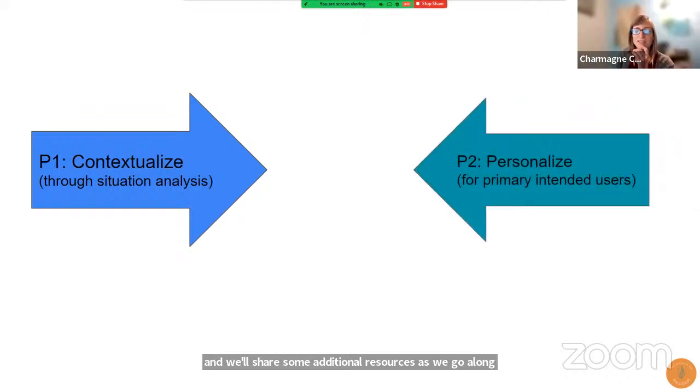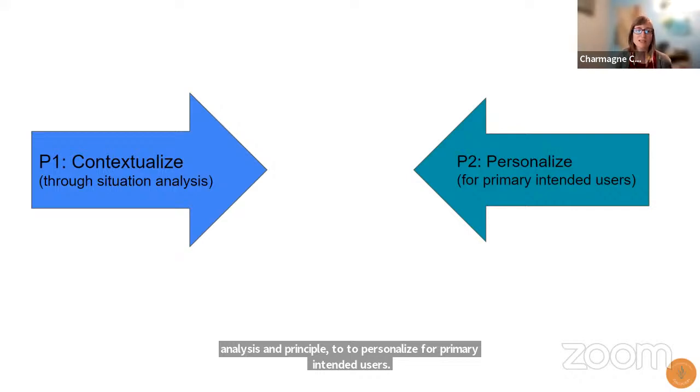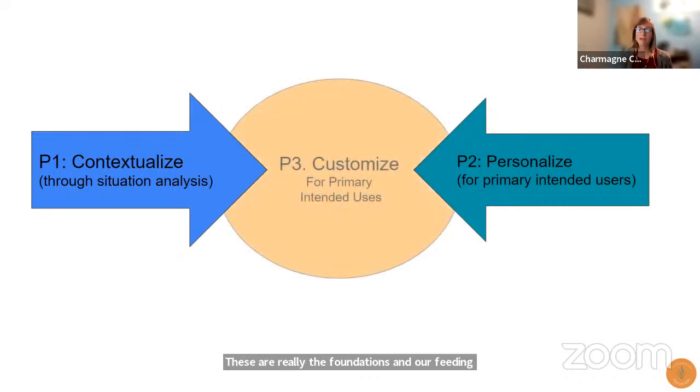So just to put this in context, we've talked about principle 1 to contextualize through a situation analysis and principle 2 to personalize for primary intended users. These are really the foundations and are feeding into this third principle to customize.